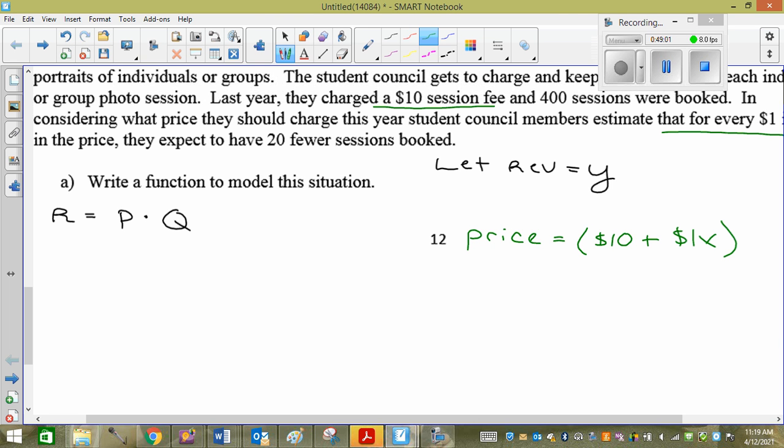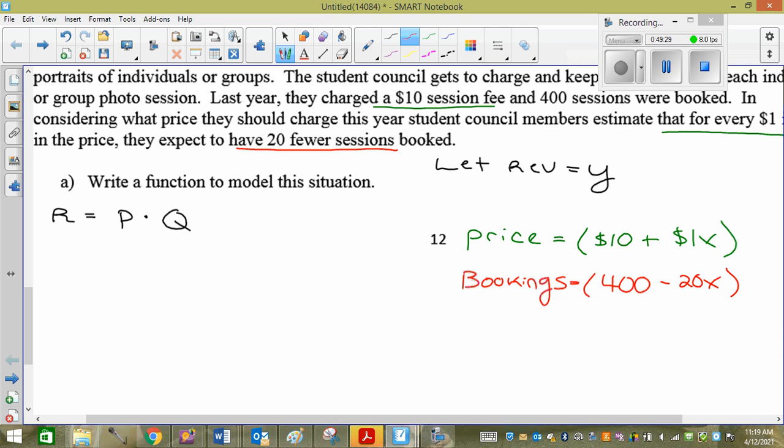And then the second component is we have 400 sessions, so we're talking about the quantity or the bookings. And that's going to be equal to, if they had 400 originally, they say that they're going to have a possible 20 fewer for every $1 they raise. So we're going to say minus 20x.